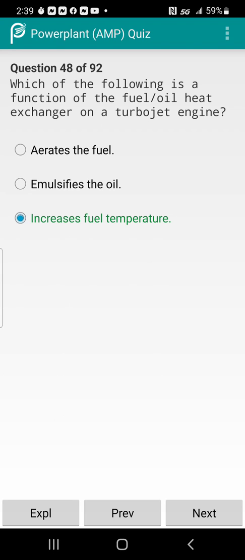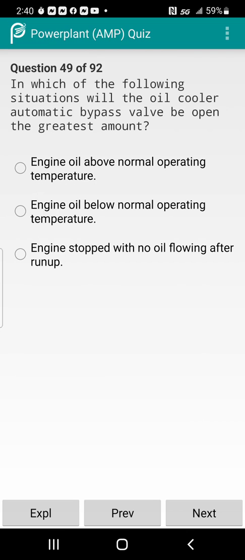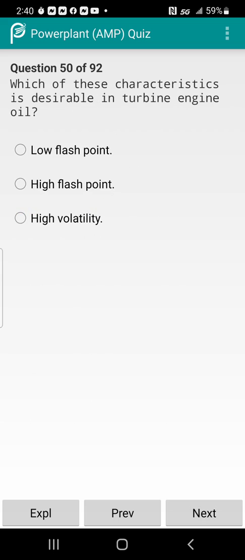Increases fuel temperature. In which of the following situations will the oil cooler automatic bypass valve be opened the greatest amount? Engine oil below normal operating temperature.